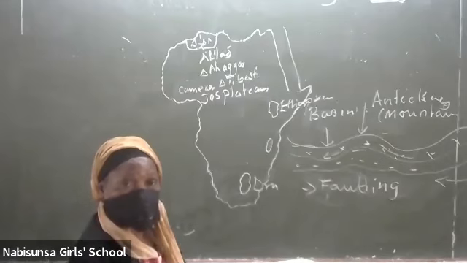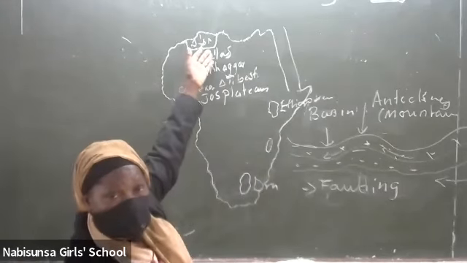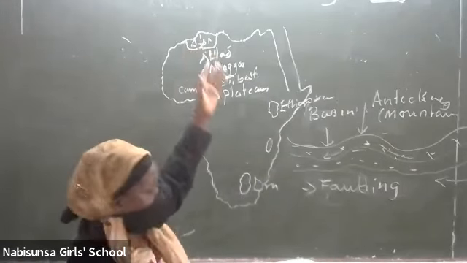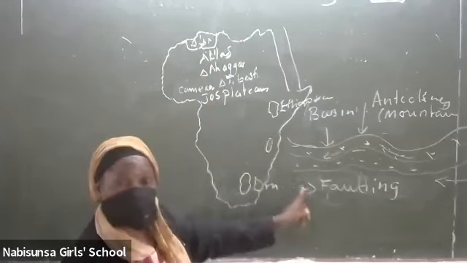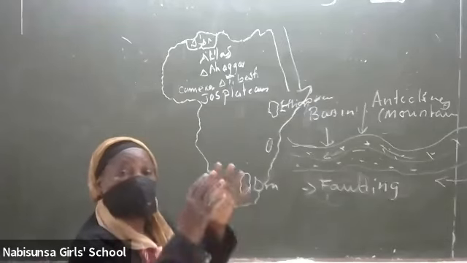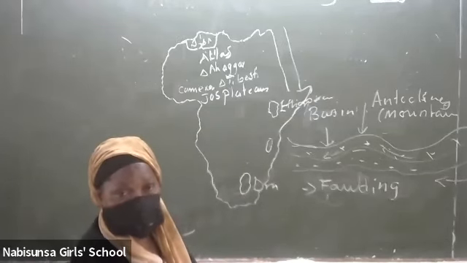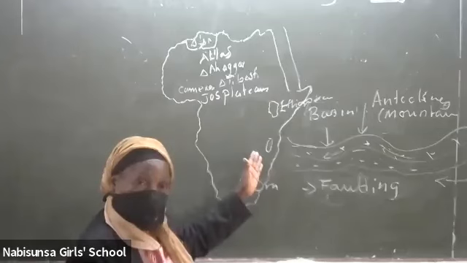Now they are coming to help us to know how these other features were formed. They are those which are a result of faulting, and they are mainly known as block mountains. The highest is in East Africa.